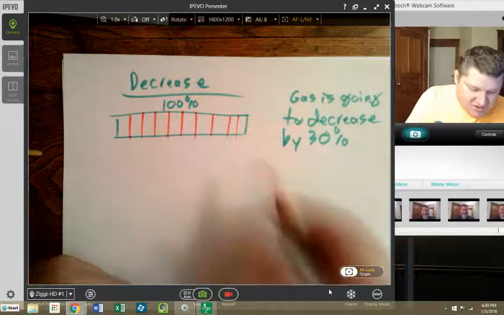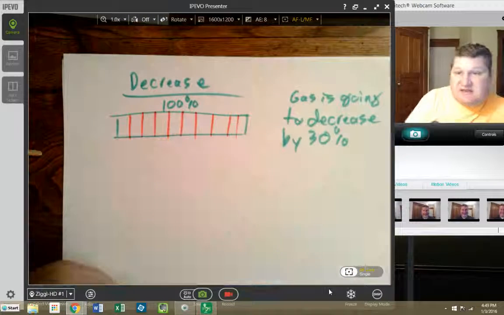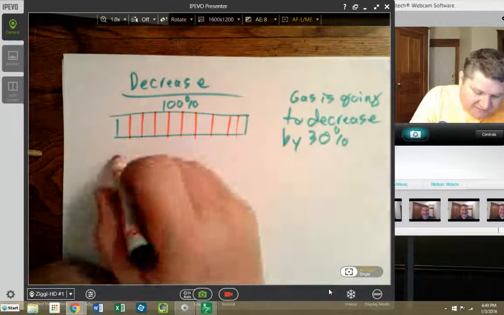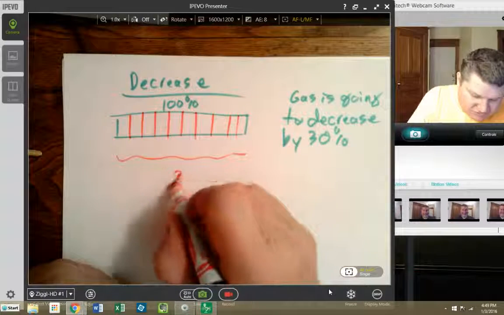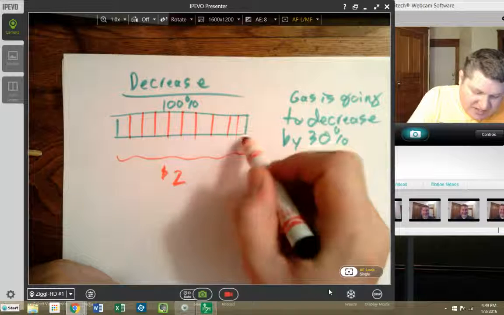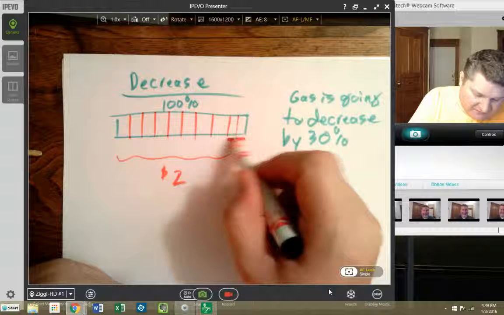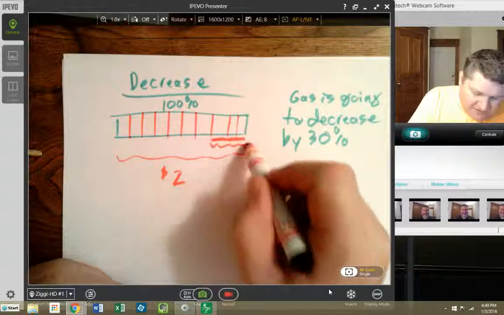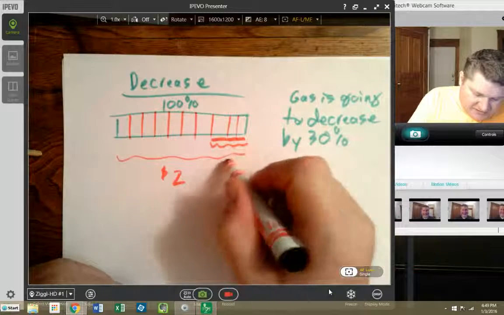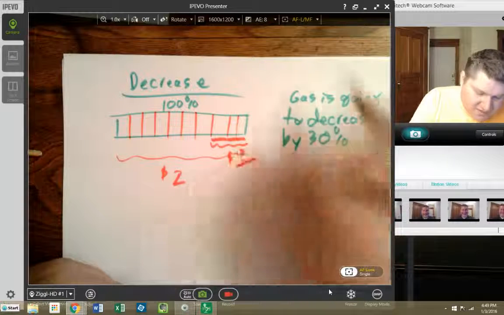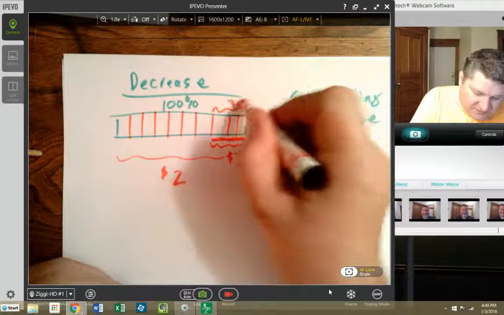There we go. So each one of these is 10% again. So if it's going to decrease by 30%, if this whole thing equals $2, I could figure out 30%: minus this one, minus this one, minus this one. That would be some number that I don't know, but it would represent 30%.